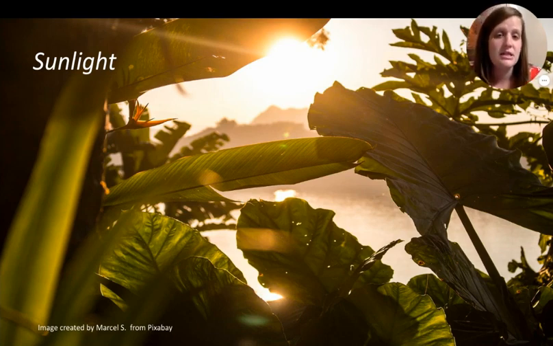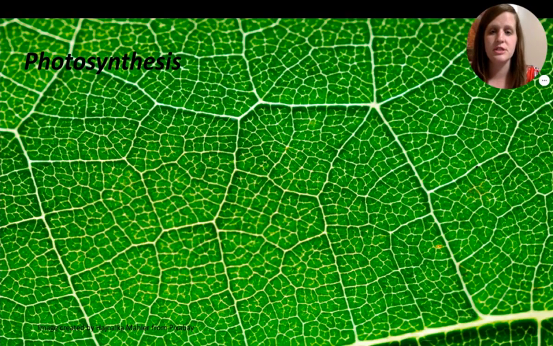And sunlight in this picture is providing energy for these jungle leaves. Photosynthesis, we know, is the process of putting together carbon dioxide and water using energy from light. The chlorophyll absorbs energy from the sunlight inside of the chloroplast, the part of the plant where photosynthesis takes place.